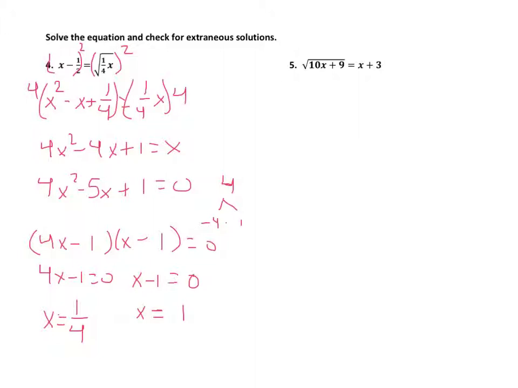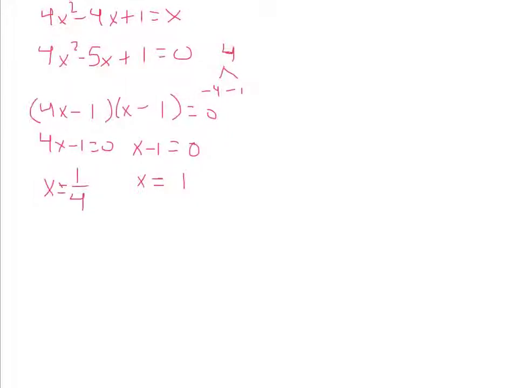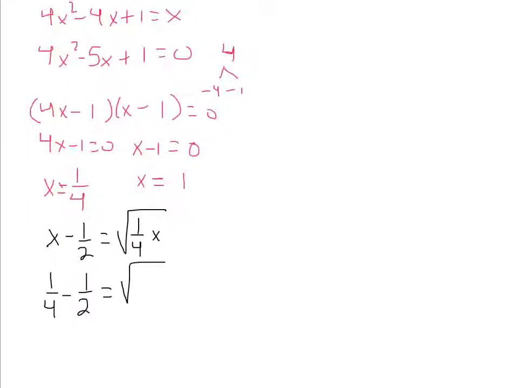So, let's watch. We have to use the original equation again here. x minus 1/2 equals the square root of 1/4 x. 1/4 minus 1/2 equals the square root of 1/4 times 1/4.